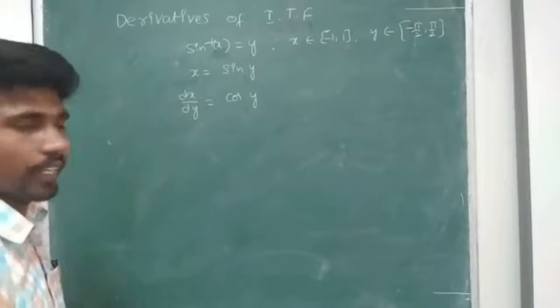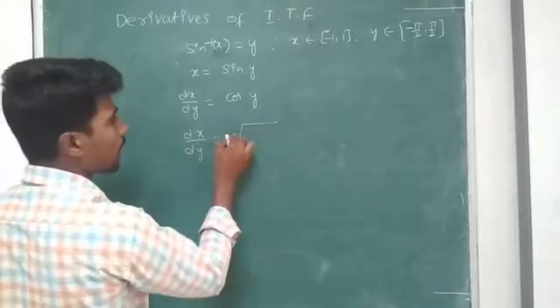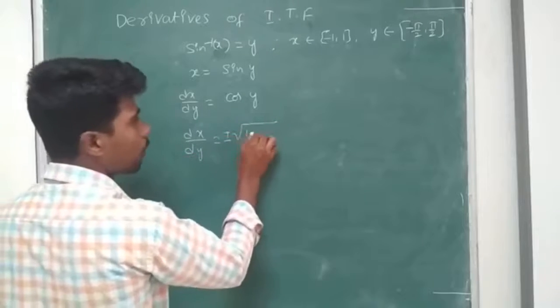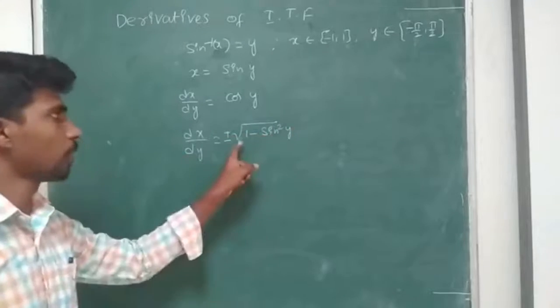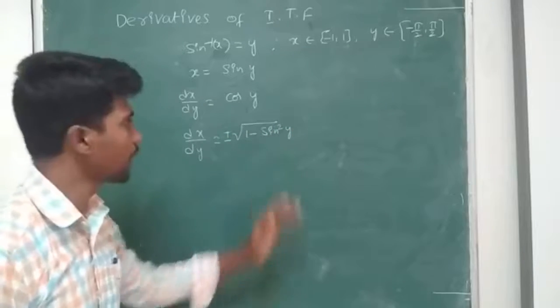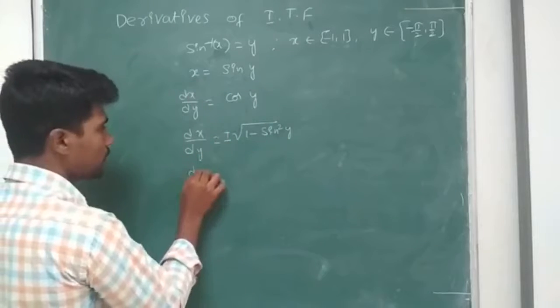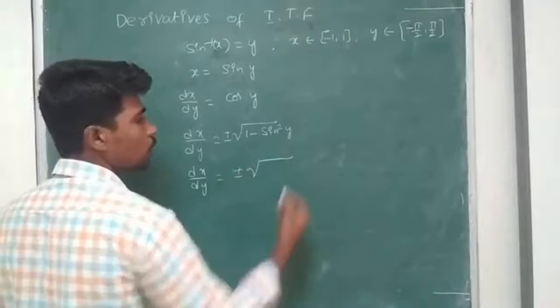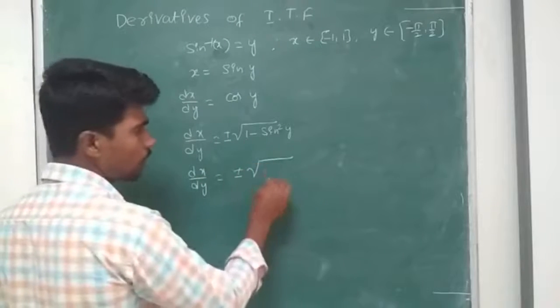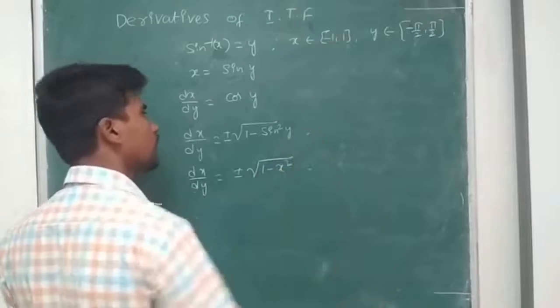So what relation do we have? dx by dy is equal to plus or minus root of 1 minus sin square y. You see, sin y I already have as x. I replace: dx by dy is equal to plus or minus root of 1 minus x square.